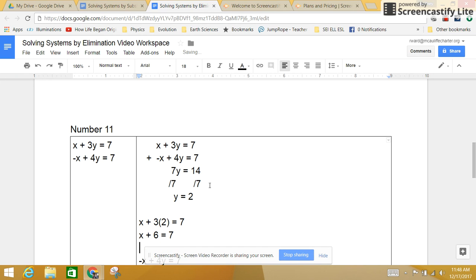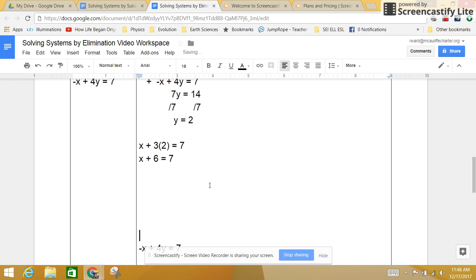I subtract 6 from both sides, and I get x equals 1. So my solution is 1, 2. That's my solution for that one.